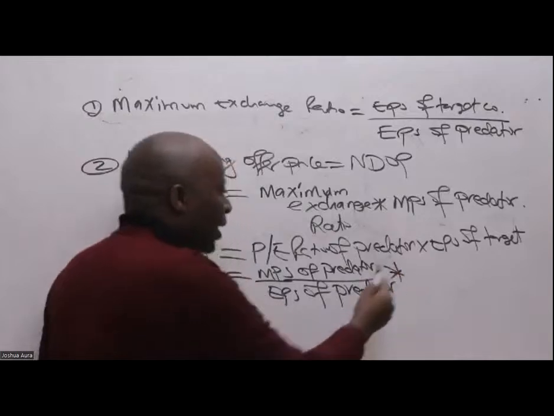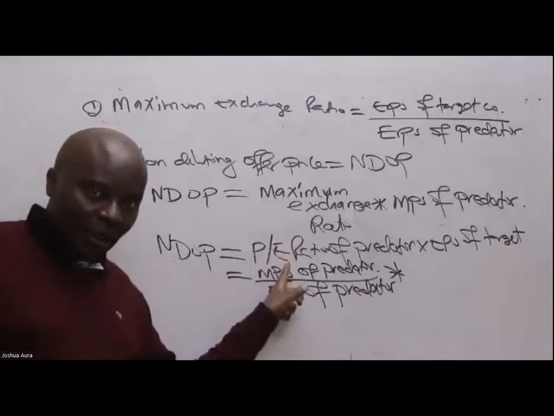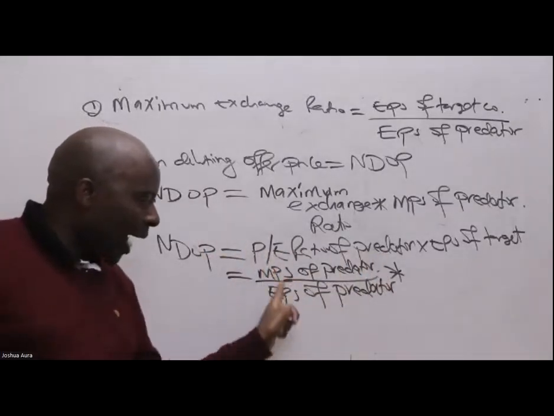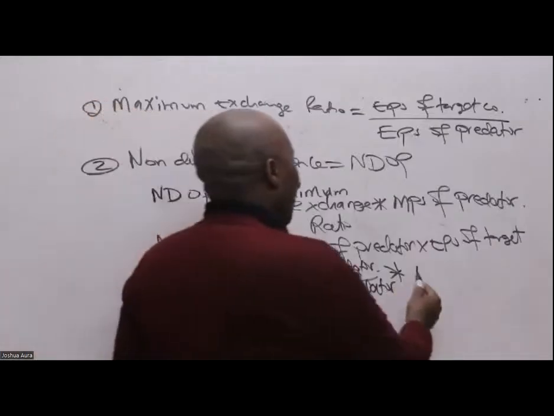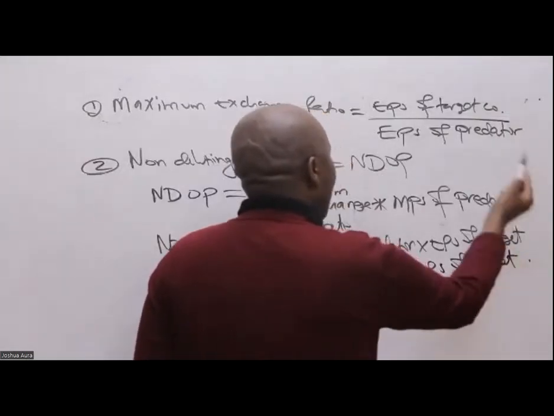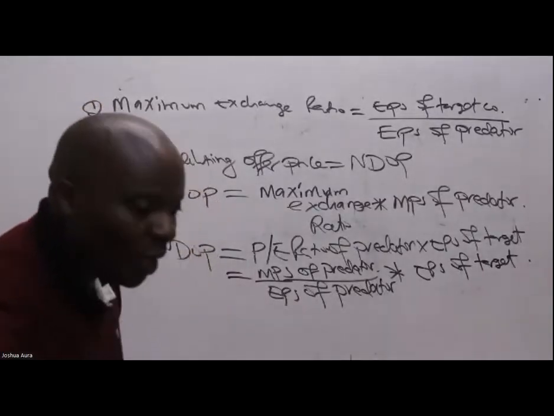Price earnings ratio. So it's price of the predator, earnings of the predator, times EPS of the target company. And then you remember very well what we said in our last class, you and I.